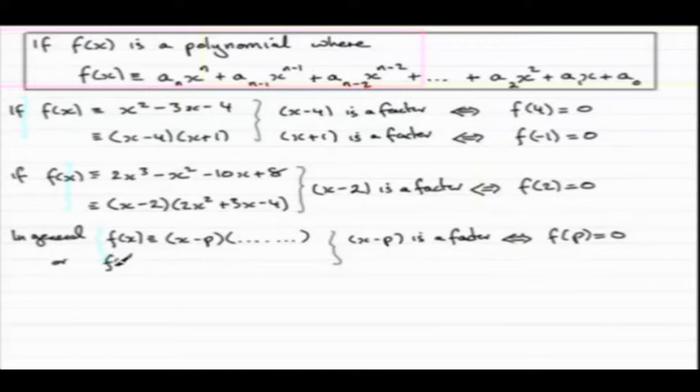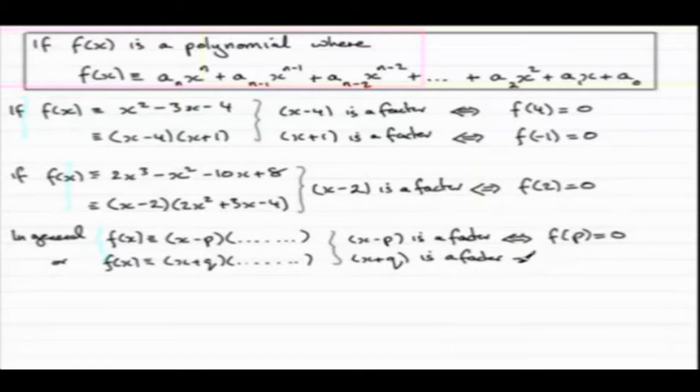Suppose we have f of x identical to x plus q, a linear factor, being multiplied by some other factor. Then we can see that x plus q is a factor of f of x. And if you put x equal to minus q, then x plus q is 0. 0 times this other factor will be 0.